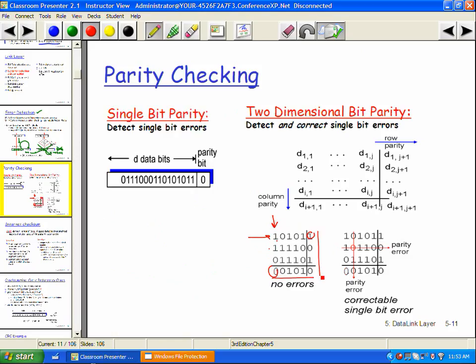When you reach the other side, you again check if all the parity bits are still good. The key here is that it allows you error correction.